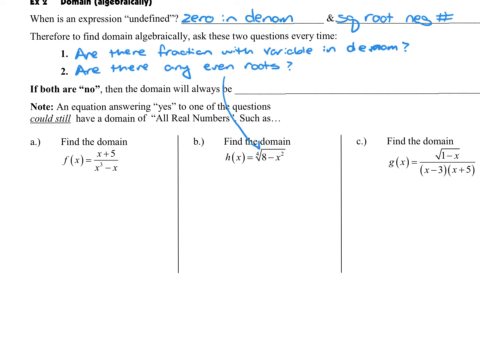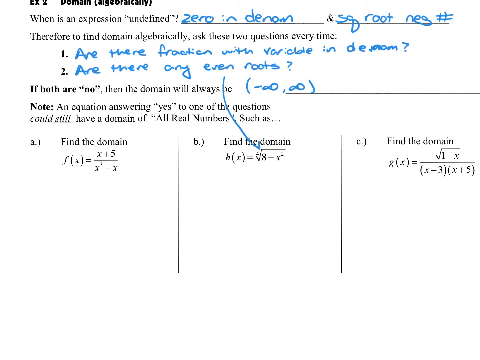Again, if your answer to this is no, then you just move on. So our little summary is, if both of these questions are no, then automatically the domain is all real numbers, or negative infinity to positive infinity. Because remember, we start by assuming it's this, and if either of these apply, then we look for any restrictions. If neither of these apply, then it stays this.